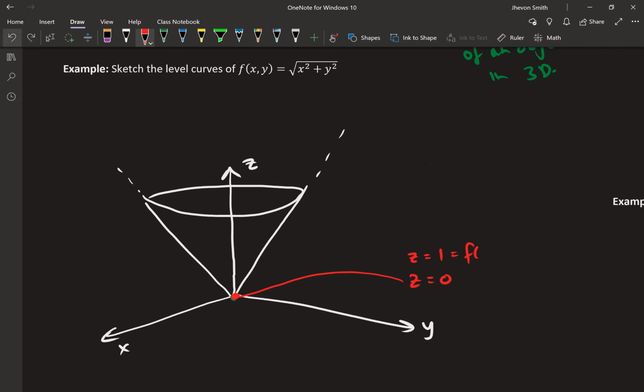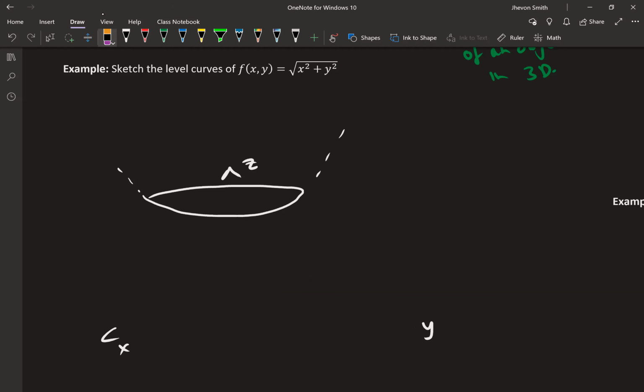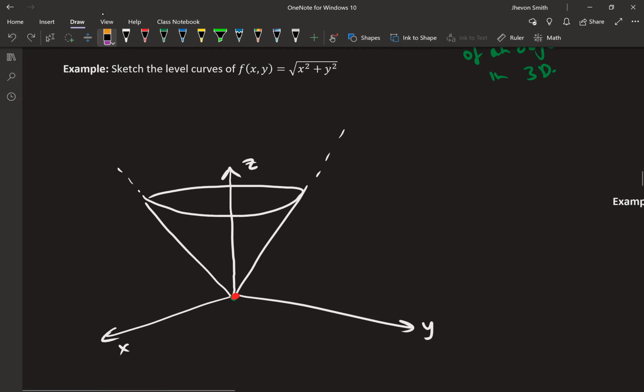Let's do all of these in different colors. So let's say yellow.